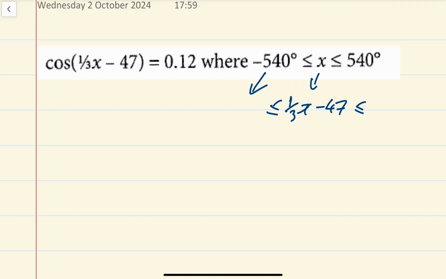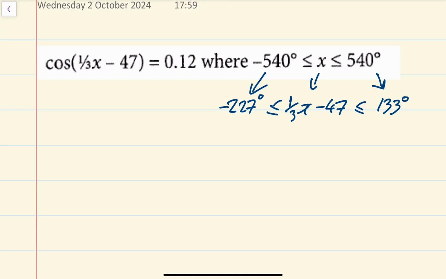When I did that, what I got was minus 227 degrees. The other one, the same idea: you do 540, divide it by 3, and then you take away 47, and when I did that I got 133 degrees.